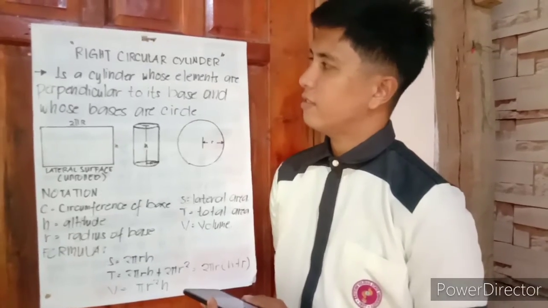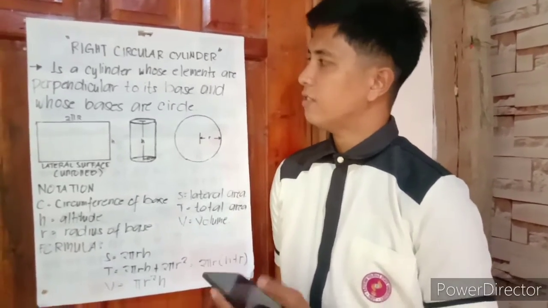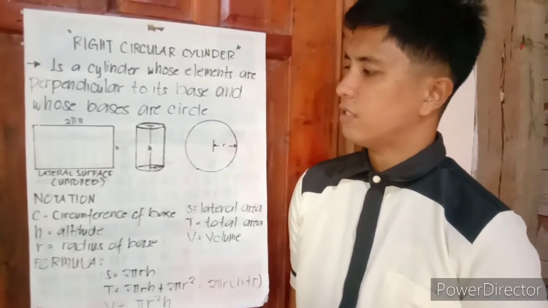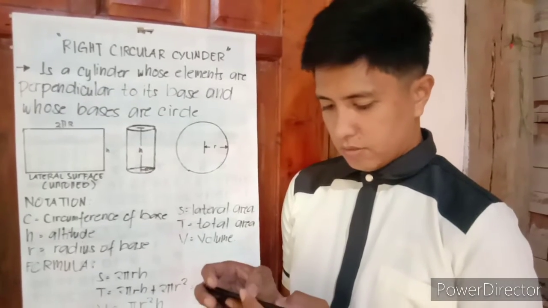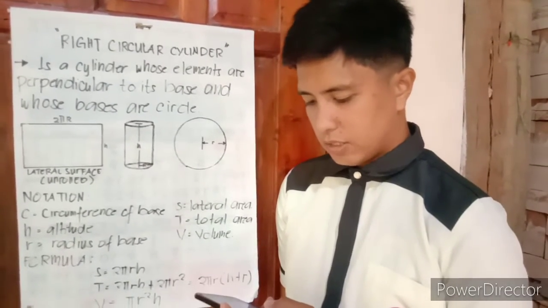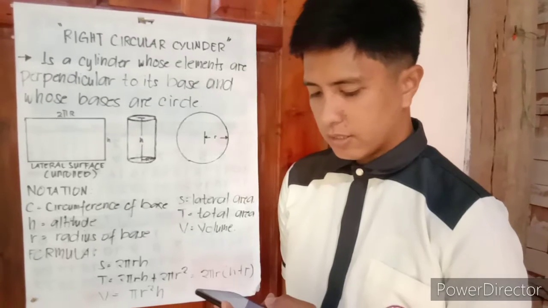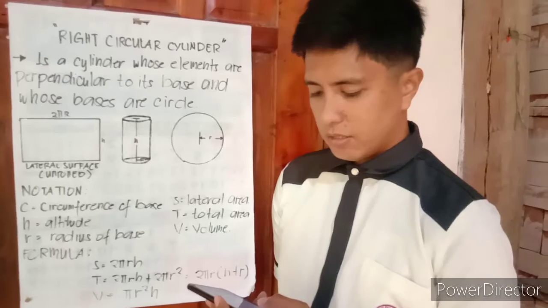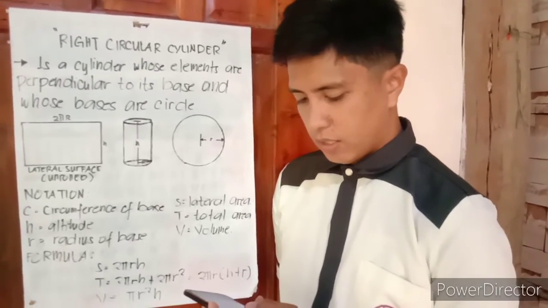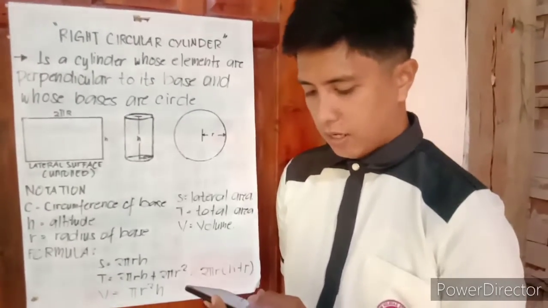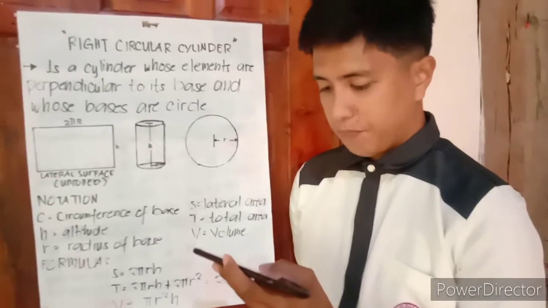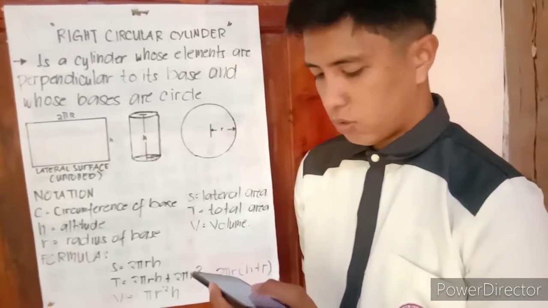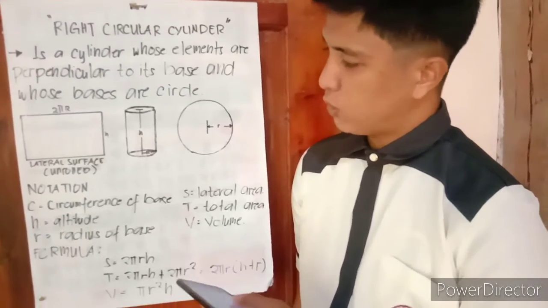Right circular cylinder. A right circular cylinder is a cylinder whose elements are perpendicular to its bases and whose bases are circles. The axis of a right circular cylinder is the line joining the centers of the bases. A right circular cylinder may be generated by the revolution of a rectangle about one side as an axis, and is therefore also called a cylinder of revolution.